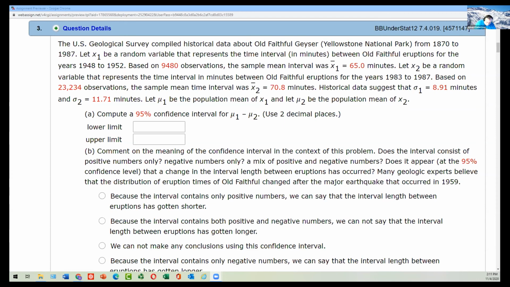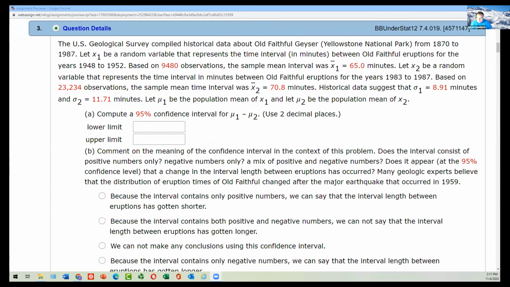And now we're going to find a 95% confidence interval. So, you just have to do a lot of reading and figure out who's 1, who's 2, who's X1 bar, who's X2 bar, who's n1, who's n2, who's sigma 1, who's sigma 2, right? 2 populations with 3 numbers in each case.